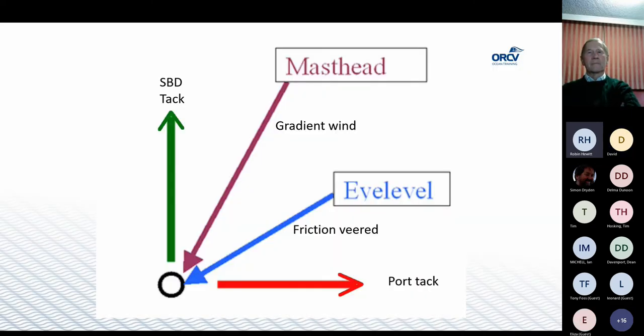Right. The trick here is on starboard tack, the veered wind, the blue arrow here, has turned, the wind has turned a lot more than what the wind is at masthead. And you might say that we're also talking about the top half of your sail and the bottom half of your sail. So you've got two different directions to set the sails for and everything in between.